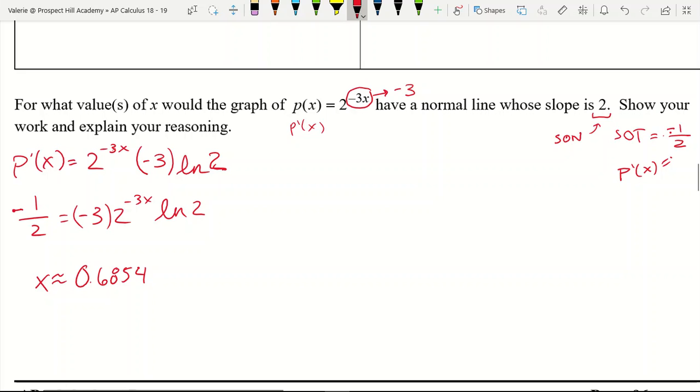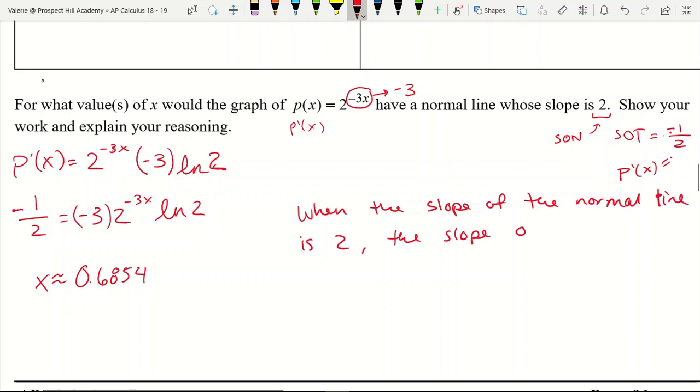So to explain your reasoning, you know that when the slope of the normal line is 2, the slope of the tangent line is negative 1/2.